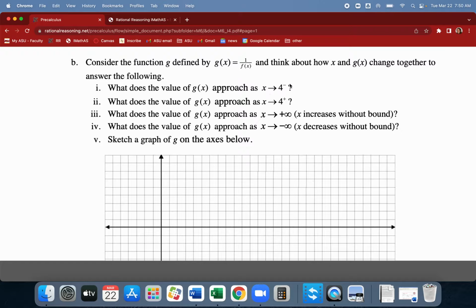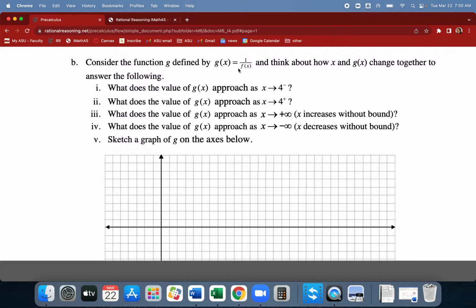So it's approaching 4 from the left, or approaching 4 while staying less than 4, as opposed to the next statement, approaching 4 while being to the right of 4, or approaching 4 from numbers that are slightly larger than 4.